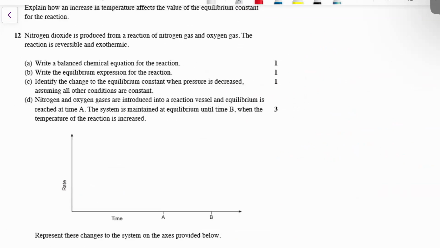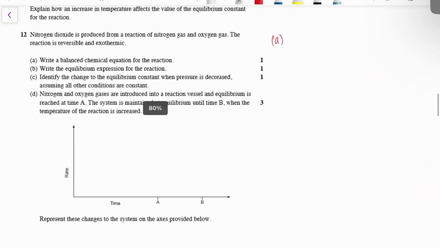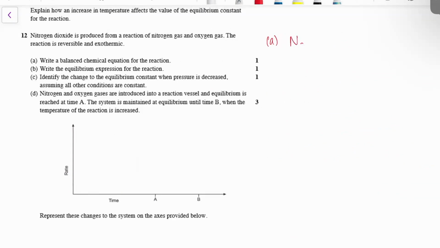Nitrogen dioxide is produced, which means it shows up on the right-hand side of your arrow. So reaction of nitrogen and oxygen means nitrogen and oxygen are on the left. Read the question carefully because it might not mention it in the correct order. Nitrogen first, then oxygen after.